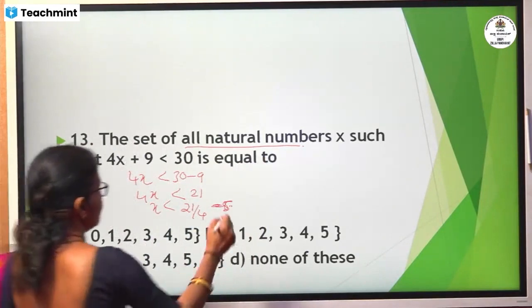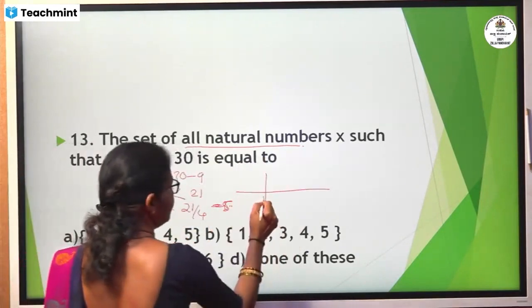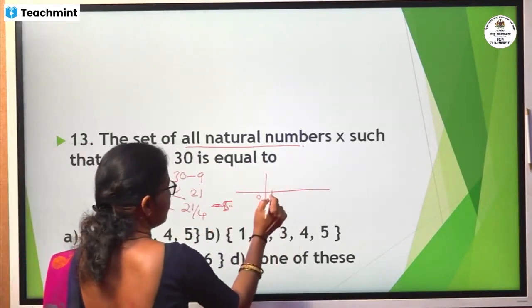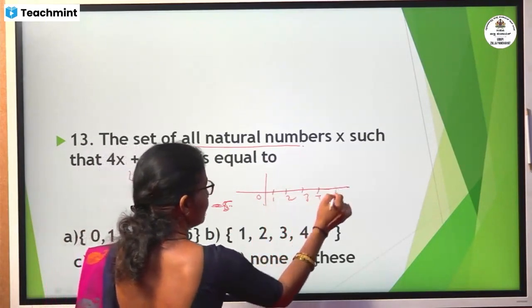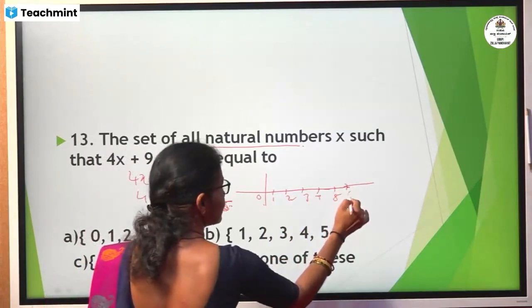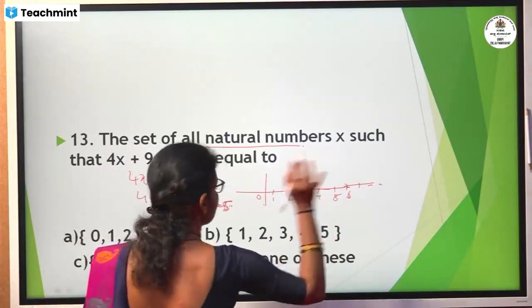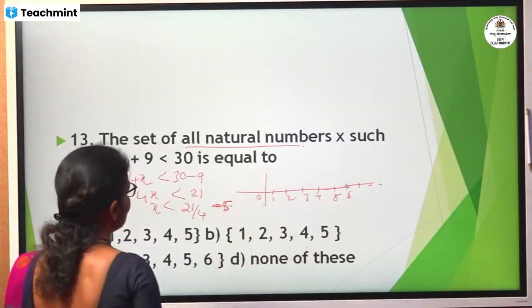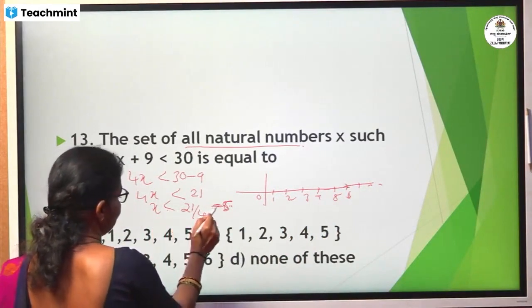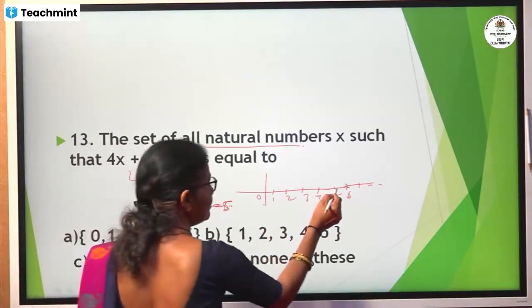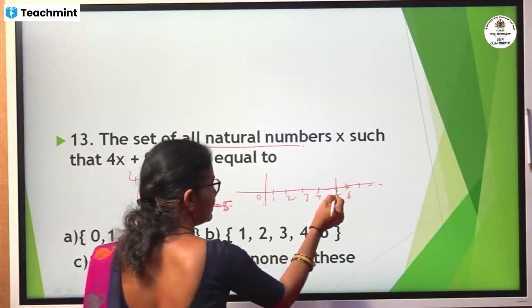If we consider a number line, suppose this is 0, 1, 2, 3, 4, 5, 6, like this it goes. We need natural numbers. See here, x is less than 5 point something. This is 5, and 5 point something means the right side of that.